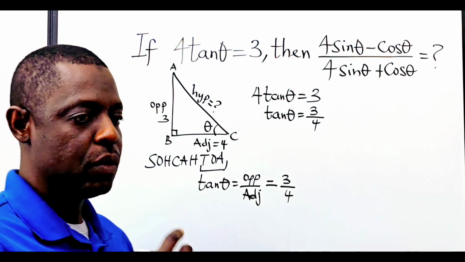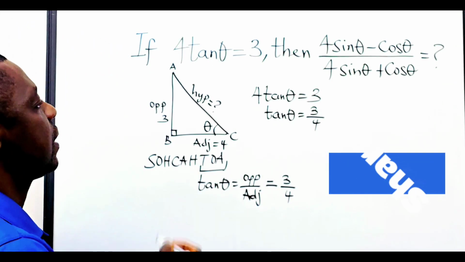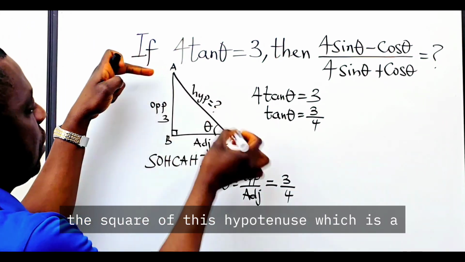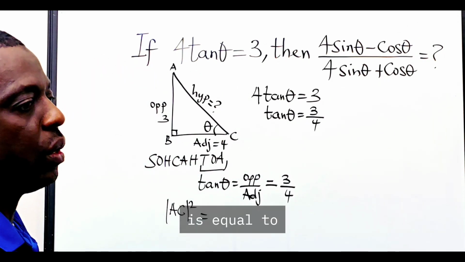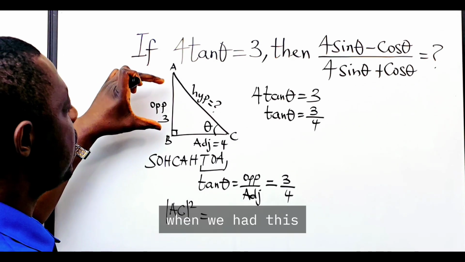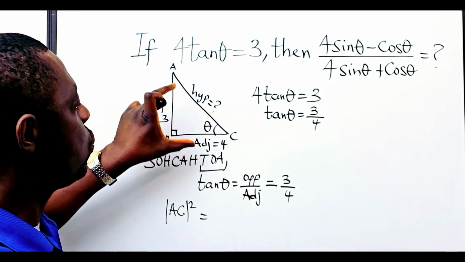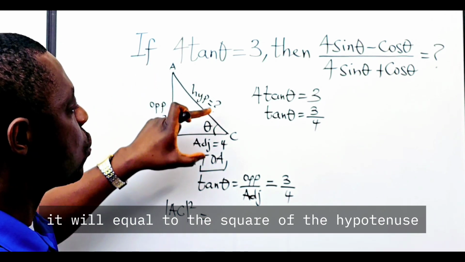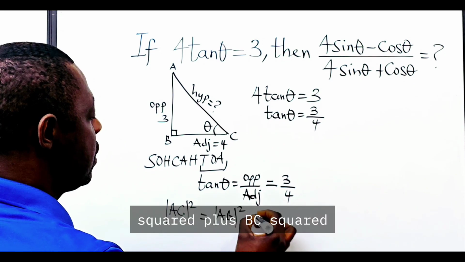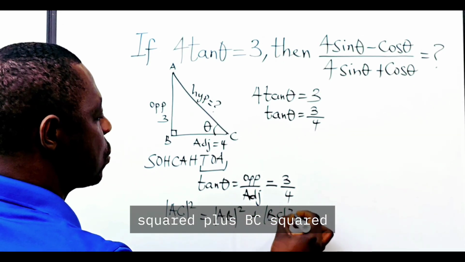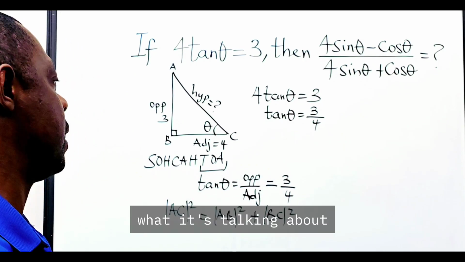The Pythagoras theorem states that the square of the hypotenuse, which is AC squared, is equal to the sum of the squares of the two remaining sides, so AB squared plus BC squared.